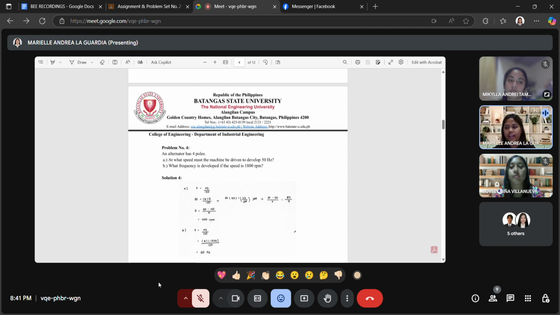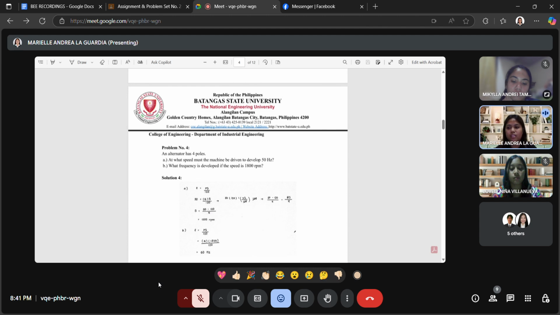To solve for letter A, finding the speed when the frequency is 50 Hz, we have the formula F equals P times S over 120, where F is the frequency in Hertz, P is the number of poles, and S is the speed in RPM.